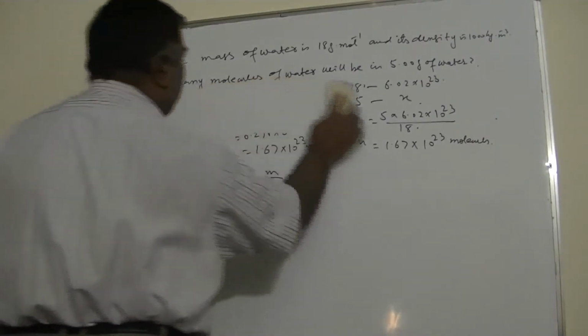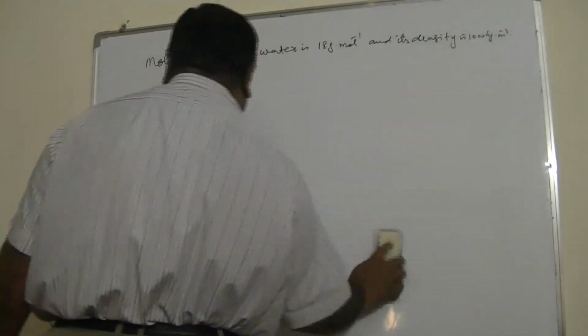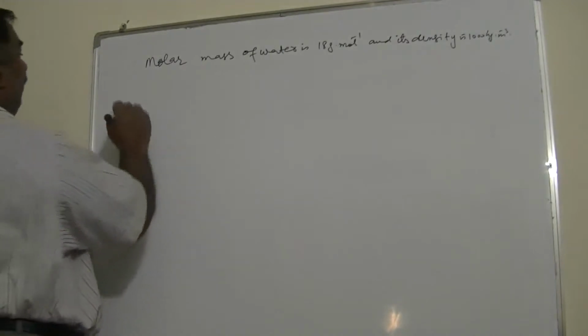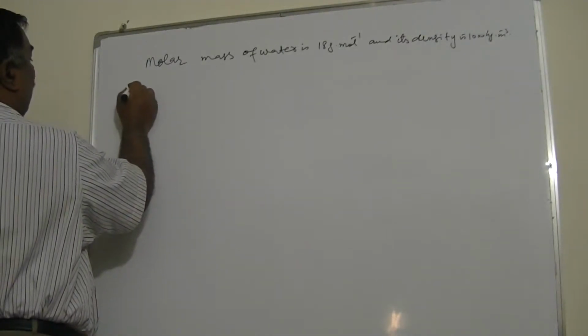Now this moles concept can also be used for finding the diameter of a single molecule and also for the spacing between two molecules. Let us see, for example, the fourth part.